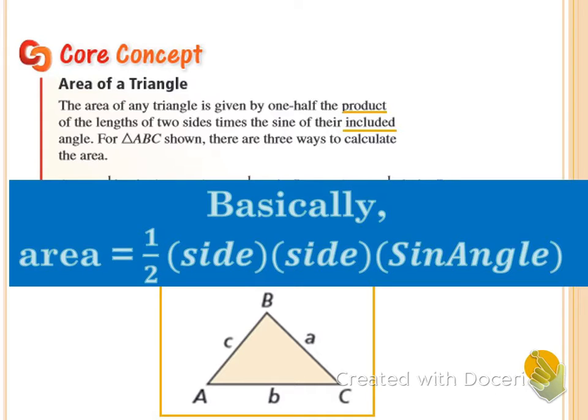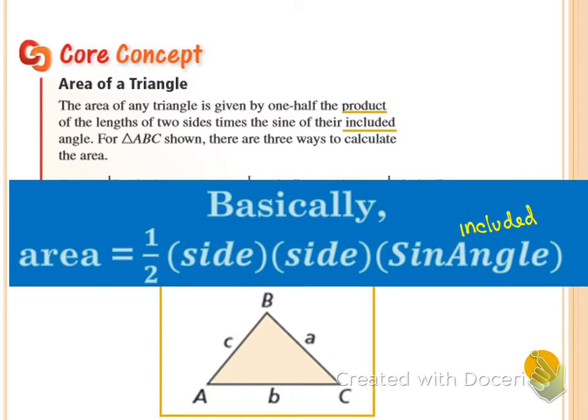So 1/2 times the side times the side times sine, and it's the included angle. So when we're finding the area, 1/2 times the side times the side times sine of an included angle.